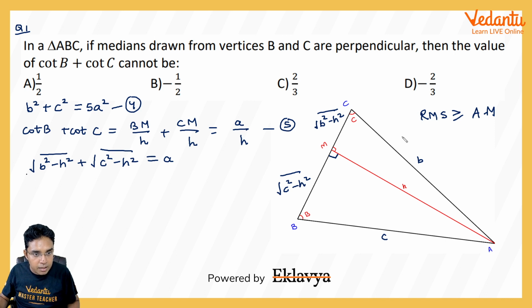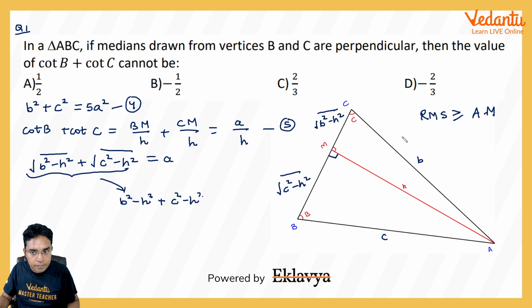If I take the RMS of this left hand side, it means I will be squaring both and adding them, taking their mean and then taking the root. That is the root mean square, and that will be greater than or equal to the AM of these two numbers.